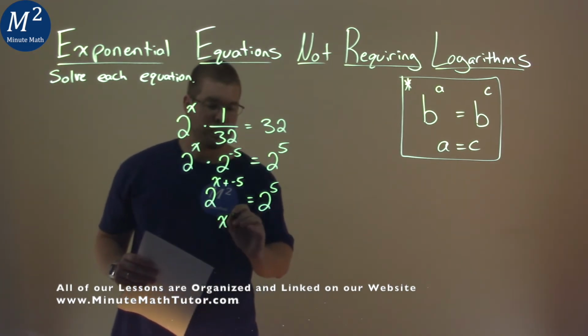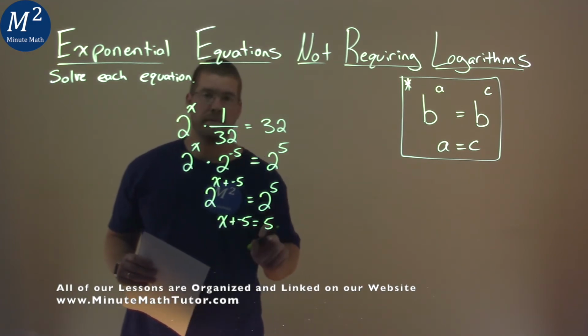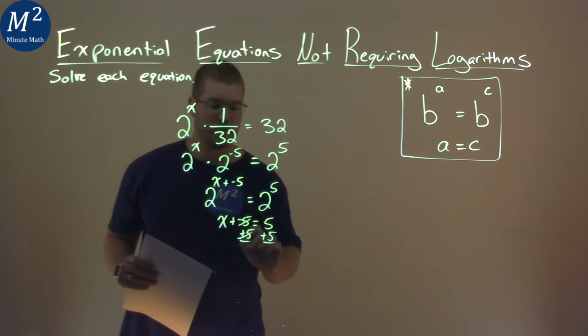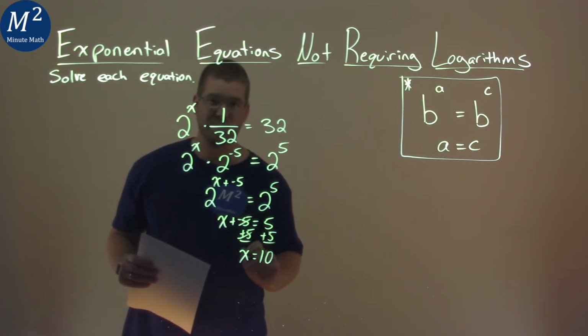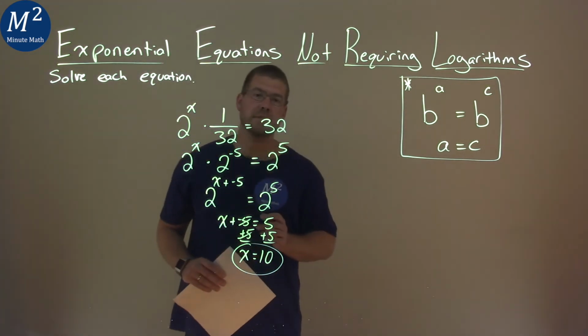We have x plus a negative 5, or minus 5, and it's equal to a positive 5 on the right. To get rid of that 5 and bring it over, I add a 5 to both sides. These 5s cancel. I have an x over here, and 5 plus 5 is 10. And that's it. Our final answer here is x equals 10.